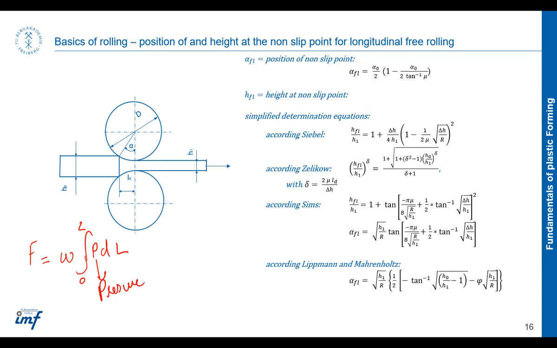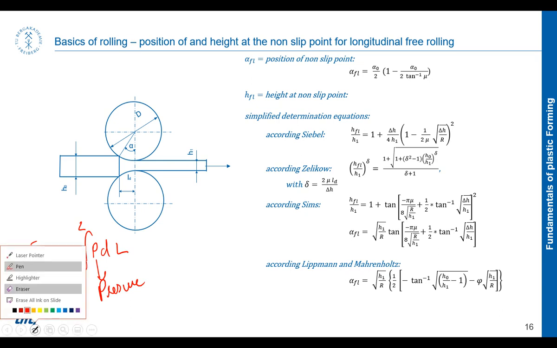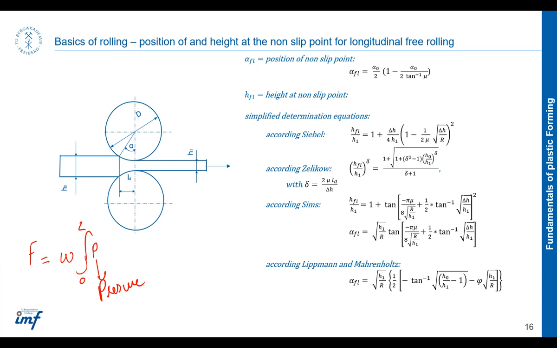the length, and then let me write it separately, and then dl, where this length is the differential component of the length. So at each instantaneous length we are doing this calculation, and then we are summing it up to calculate total force.